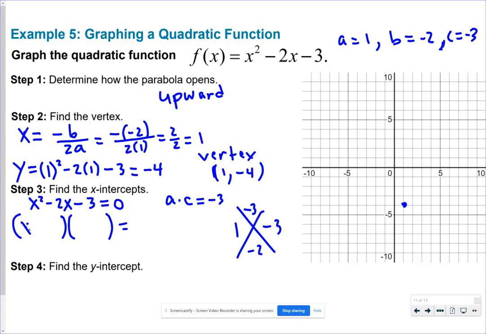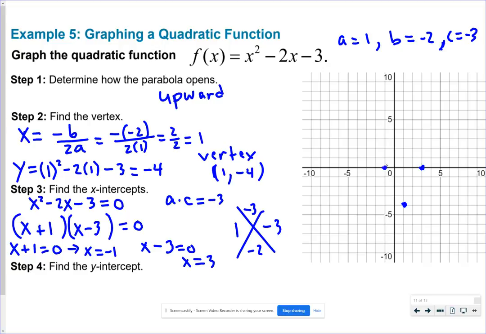So we have x plus 1, x minus 3, and then if I set each factor equal to 0, this one's going to get me x equals -1. This one's going to get me x equals 3. Okay, so my intercepts are at -1 and +3.